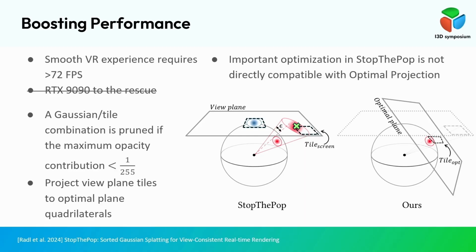So we propose to also project the view space tile to the optimal plane, and this yields a quadrilateral. So we can still efficiently compute the maximum contribution point of the Gaussian inside this quadrilateral. This optimization speeds up the rendering by about 50%.